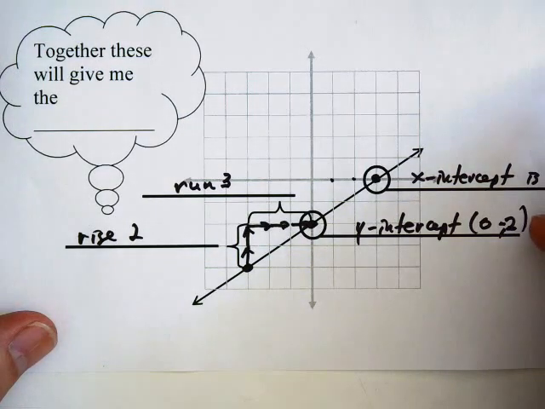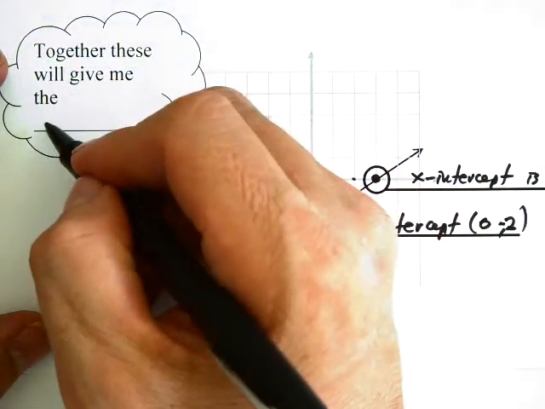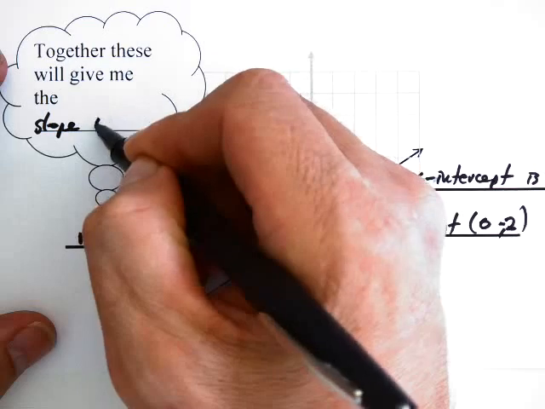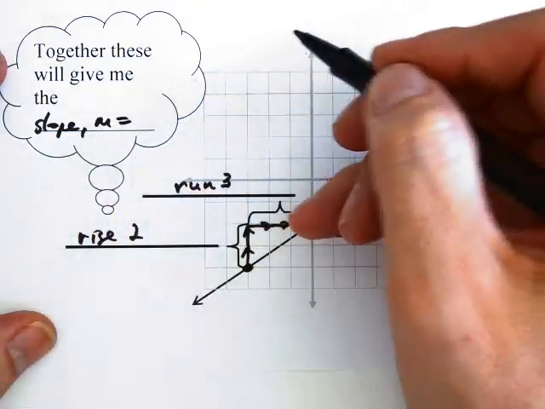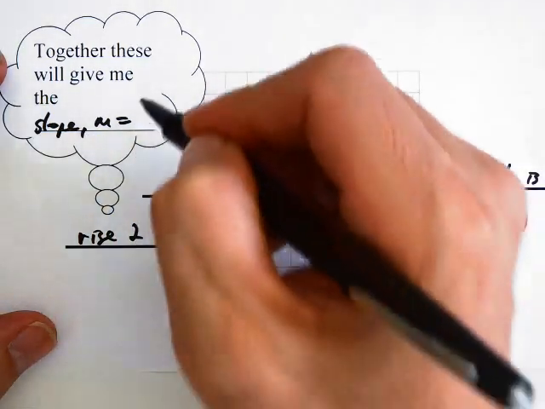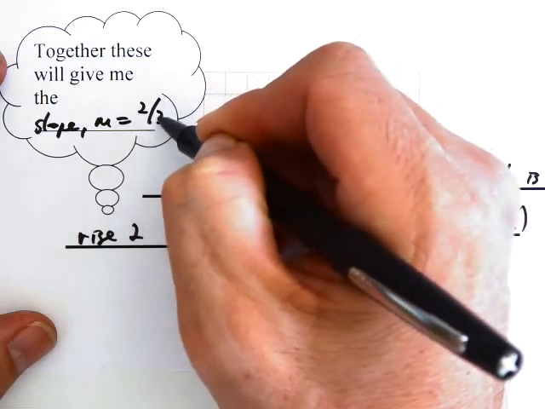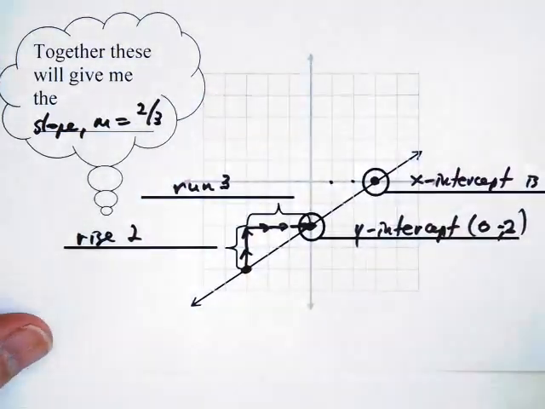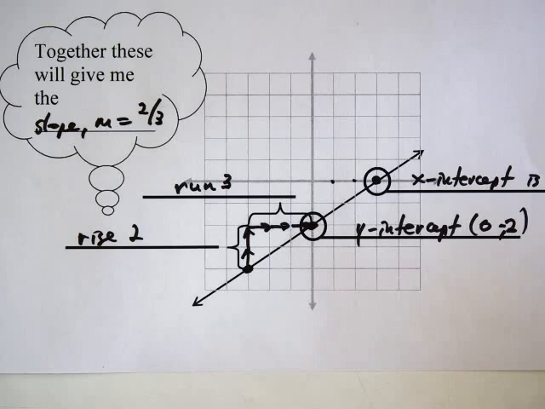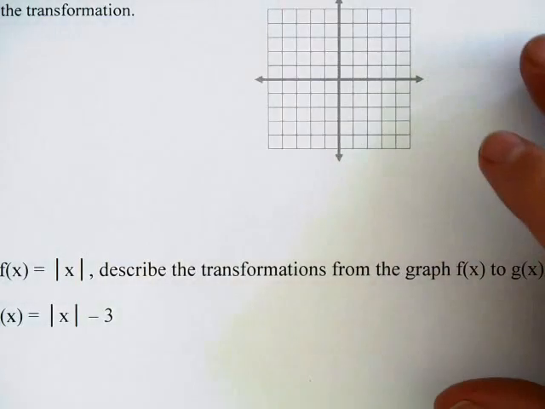So what's the definition of the slope? Together, these will give me the slope, which is m equals rise over run, 2/3. Okay? Great. Study that. Work backwards. Try drawing one on your own and seeing how you'd be able to do.